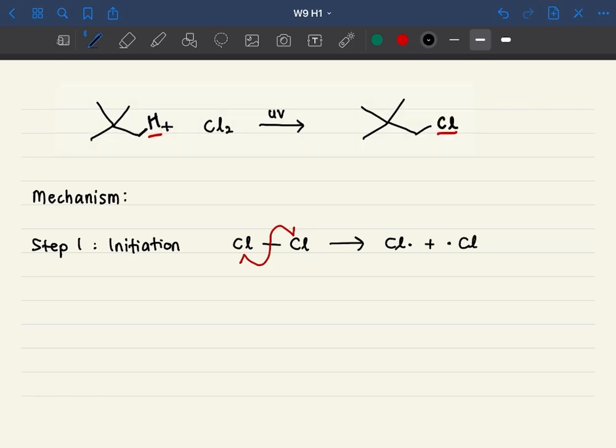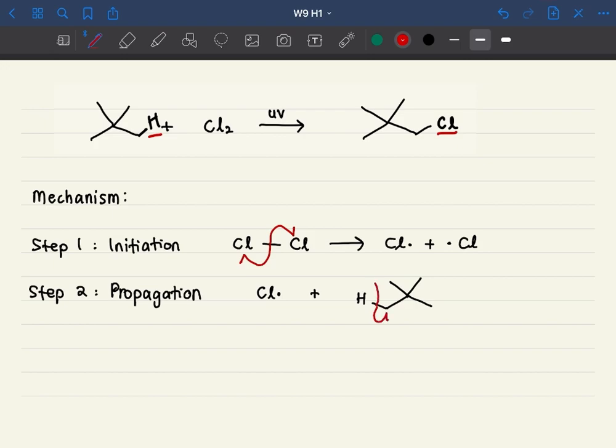Next, we'll proceed to the second step of propagation. The propagation reaction takes place when the radical formed in step 1 attacks the compound, our alkane. So we're going to have Cl radical react with this, 1, 2, 3, 4, 5, and we need to show the bond between the H and also C. Then we're going to break this into equal parts.